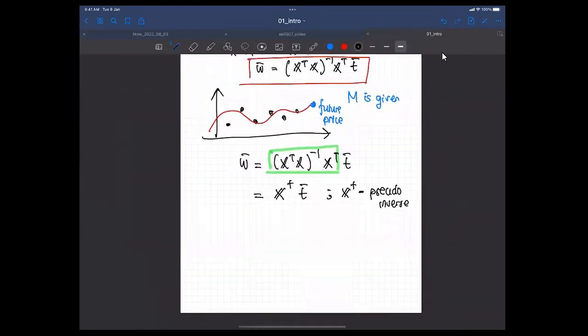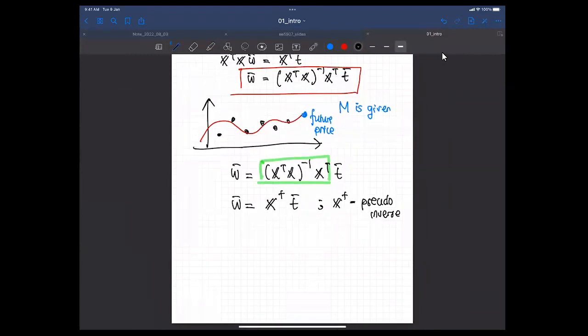So the solution for regression is very, very simple. You have the price data, and you have the year or time data. Then arrange it such that you have the pseudo inverse of your year data multiplied by the price data, and then you get the model parameters. Any questions here?